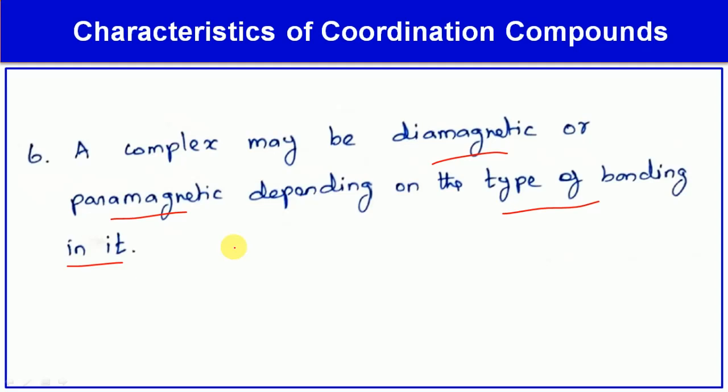Diamagnetic substances have a tendency to be repelled by magnetic fields. So you can remember, sorry, not lone pair, unpaired electron. Unpaired electron absent, that is diamagnetic. Unpaired electron present, that is paramagnetic, depending on the type of bonding in it.